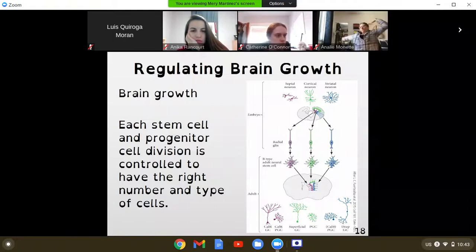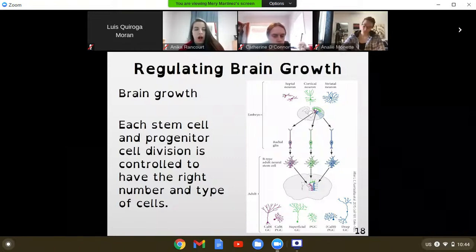So positioning these cells as they are being produced relies on a scaffolding made by our radial glial cells. These are the common elements between the two, okay? These radial glial cells are responsible for putting the right type of cell in the right position.